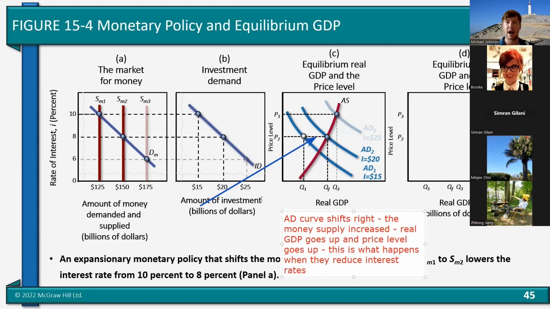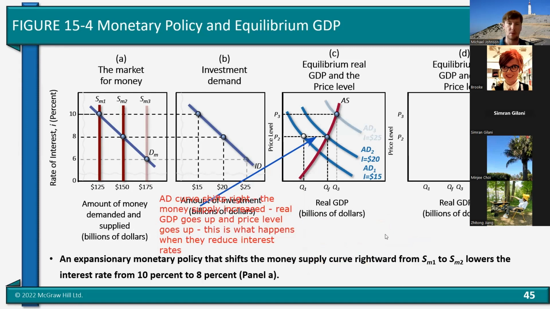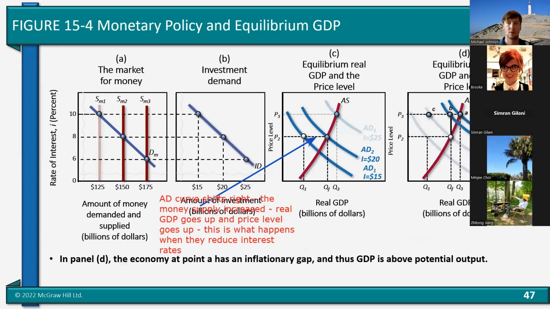So as the AD curve shifts to the right, the price level goes up and the real GDP goes up.